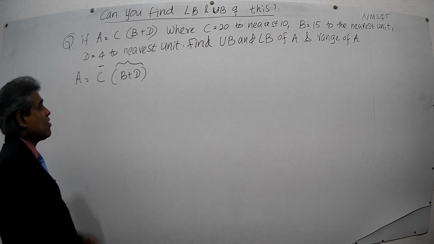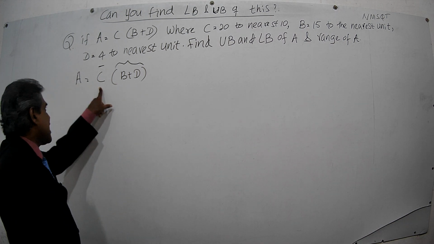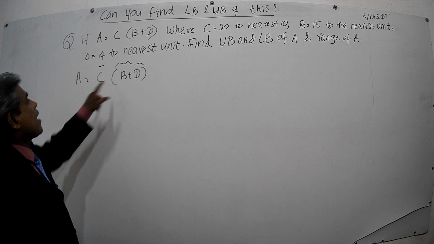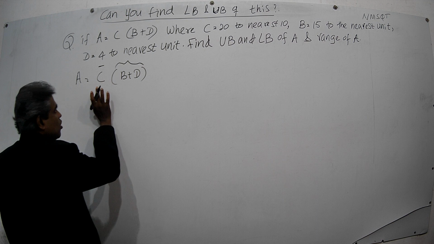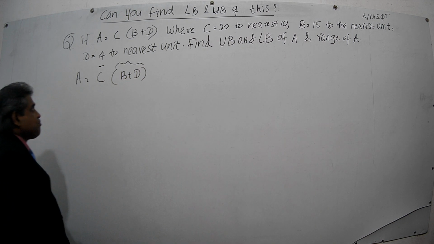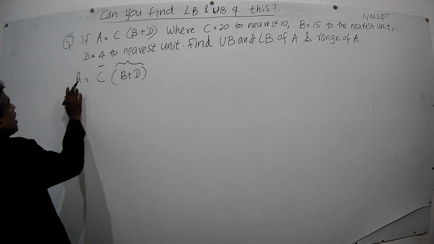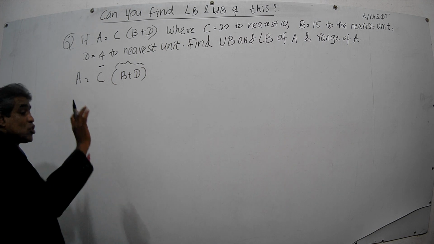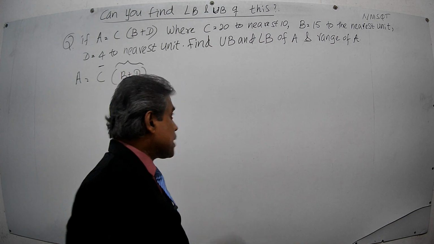Anyhow, one important thing that you have to understand here is that this A is a product of two terms. A is the product of C and B plus D. We are asked to find the upper bound and lower bound of A. That means we are asked to find the upper bound and lower bound of a product.